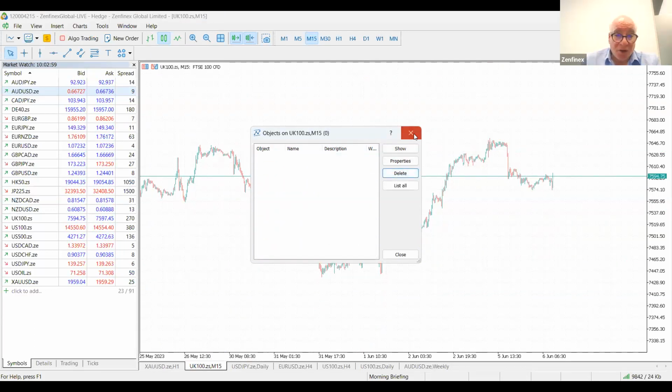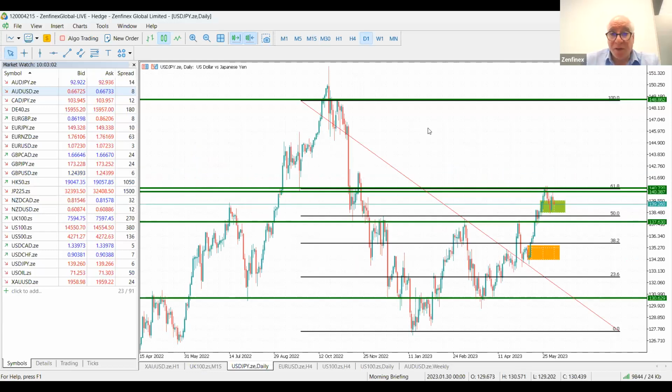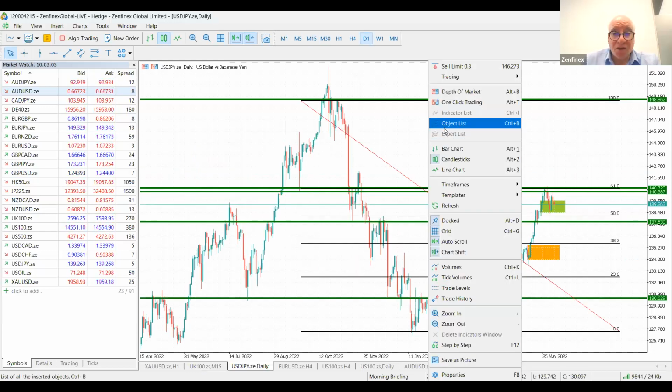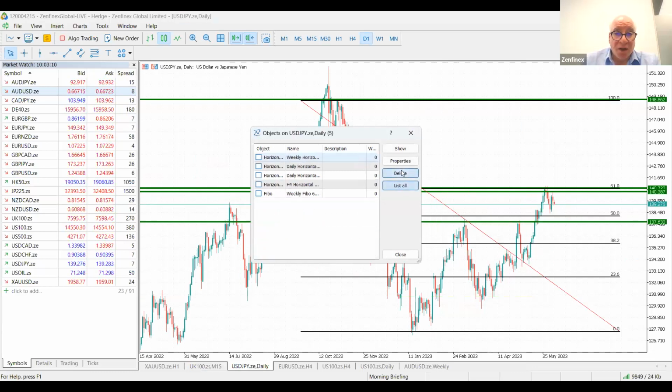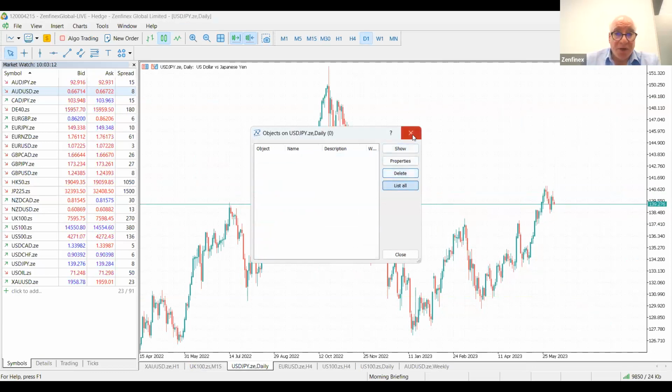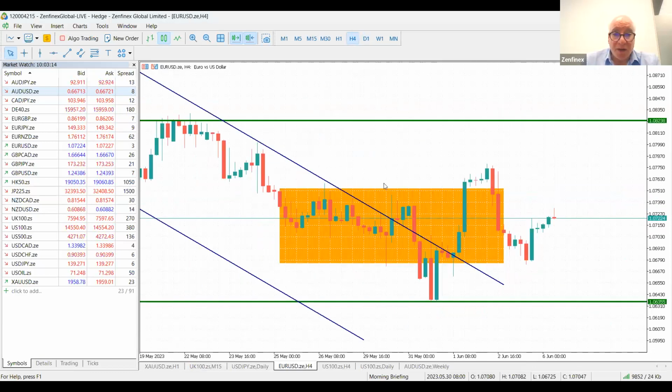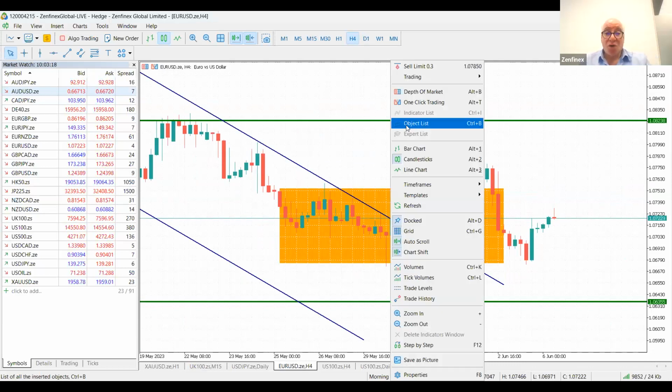So I've got a habit of stripping everything back and starting again for two reasons. One, it cleans up my charts, and second, it gets me in tune with what is happening, so I don't really miss any important levels from longer periods.